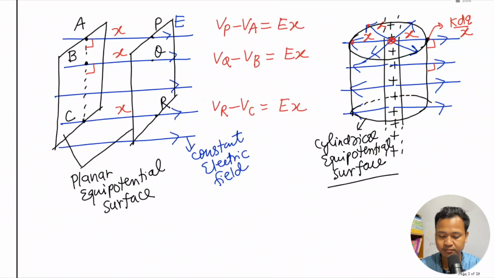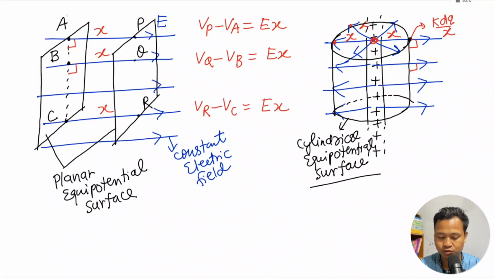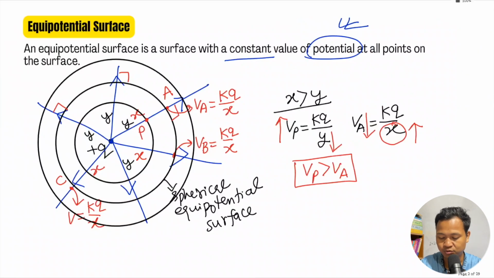So from A to P, Va is greater, Vp is lesser. Similarly, you will also have another equipotential surface here, and its potential will be greater than the potential here. Second point: the electric field goes from higher potential to lower potential.